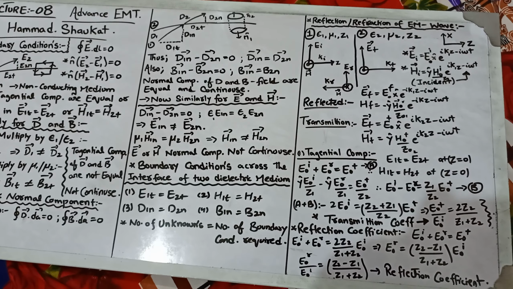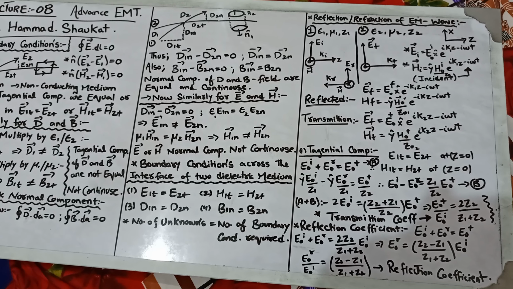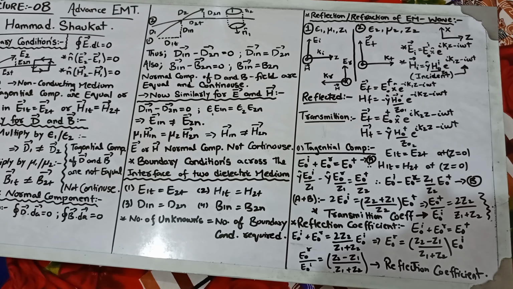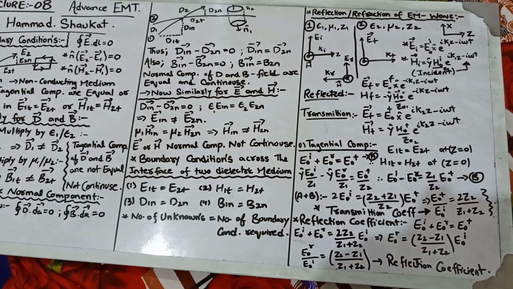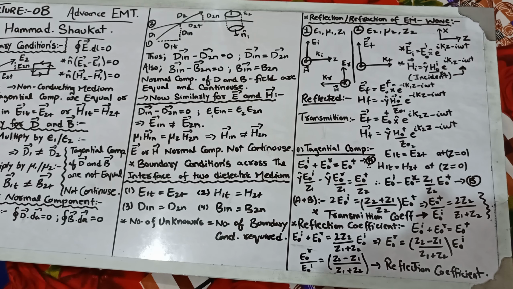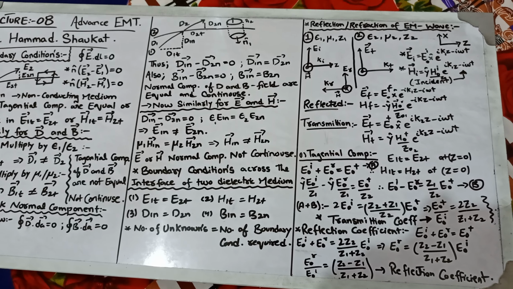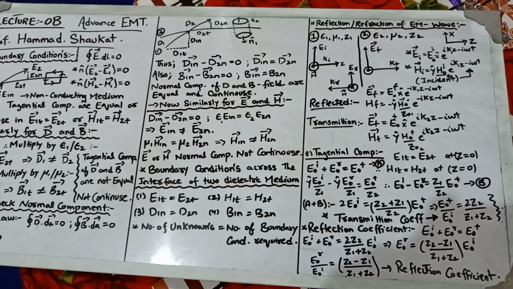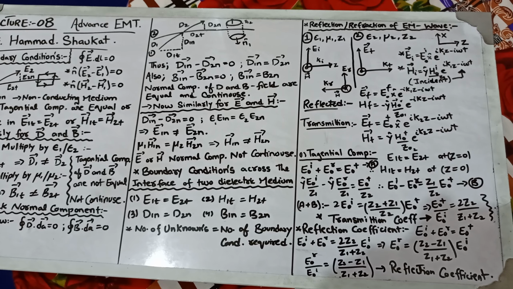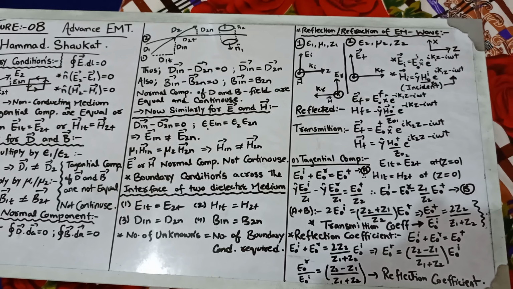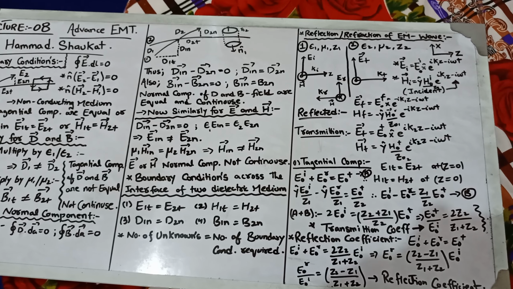Now you have to write the equations of the electric field and magnetic field for the case of incident. Similarly, you have to write the electric field and magnetic field for the reflected wave. Then you have to write the similar case for the transmitted electric field and magnetic field H. So let's start writing the wave equations.